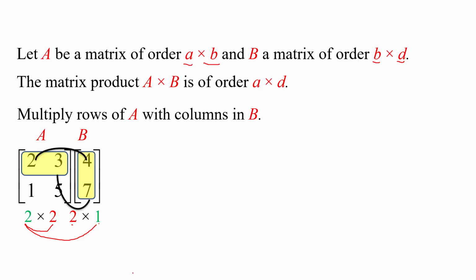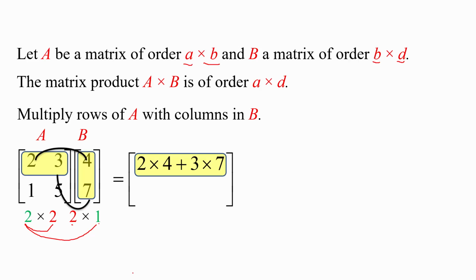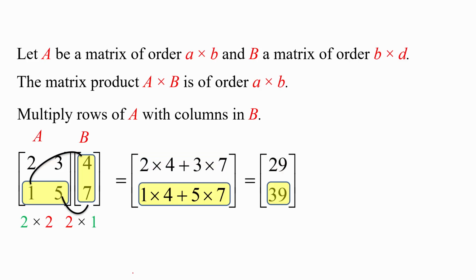That's the order we follow. 2 times 4 plus 3 times 7, and that equals 29. So that's our first part of the answer. Then we move to the second row of matrix A and we multiply that with the column in B, and that gives us, as you can see there, an answer of 39.